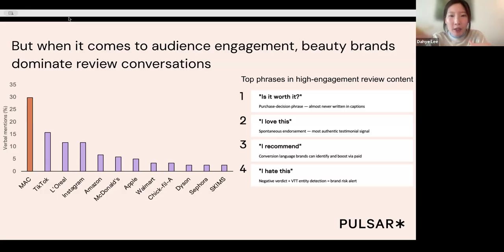Back to the brand chart, beauty is really taking over, especially MAC and L'Oreal together account for almost half of the global share of voice here. This is not just because of their products being reviewed. In these reviews, those brands are mentioned as brand benchmarks for product comparison or reference point.